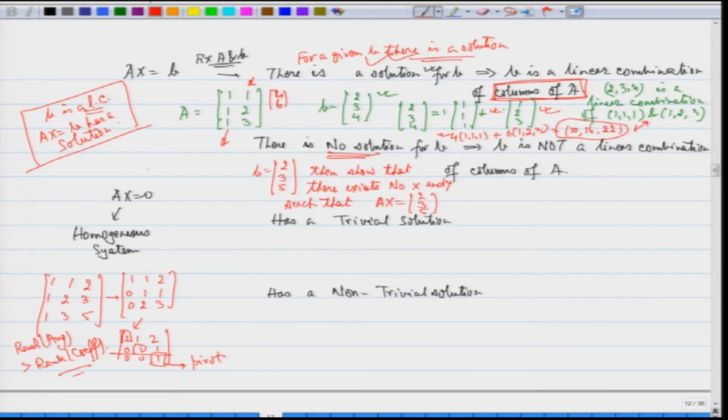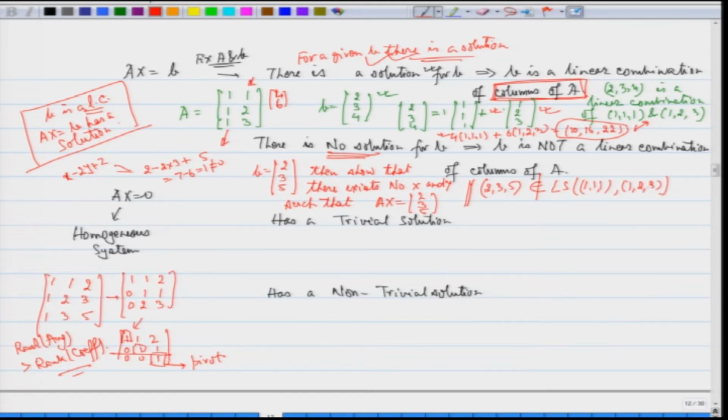So, what we see here is that x minus 2y plus z is 2 minus 2 times 3 plus 5, which is 7 minus 6, which is 1, not equal to 0. Fine. So, therefore, 2, 3, 5 does not belong to the linear span of the vectors 1, 1, 1 and 1, 2, 3.